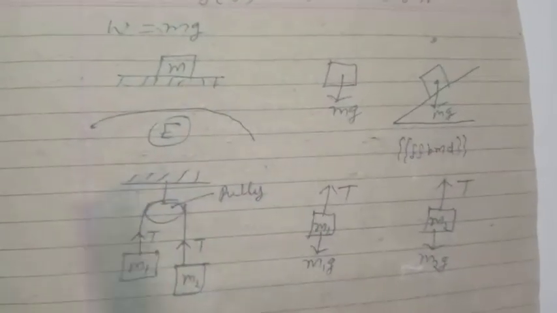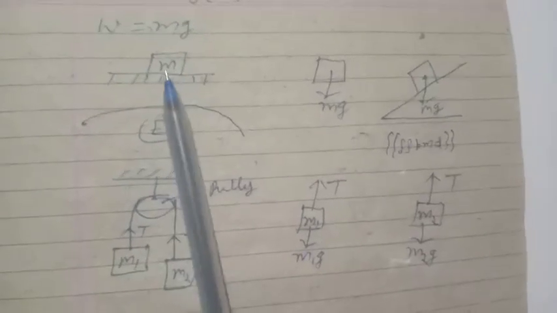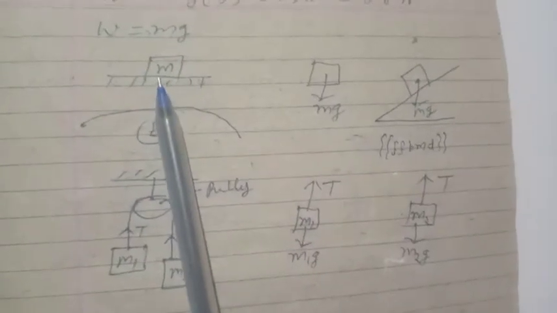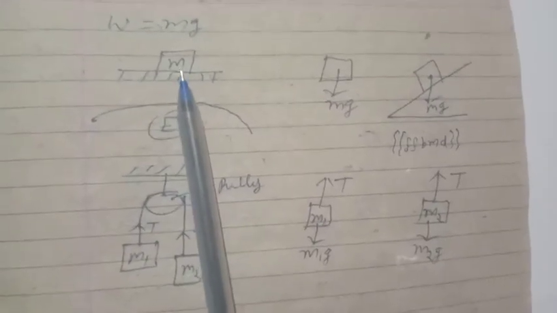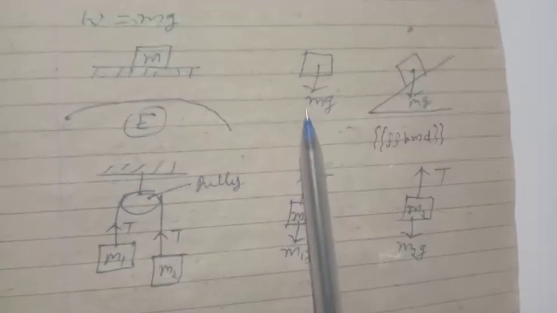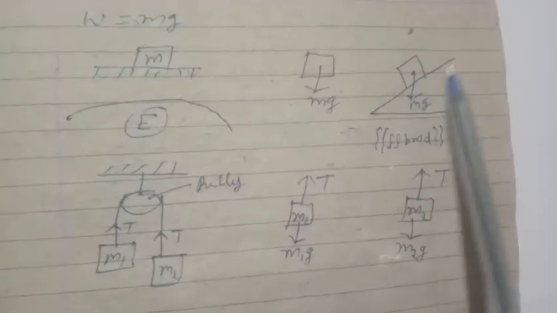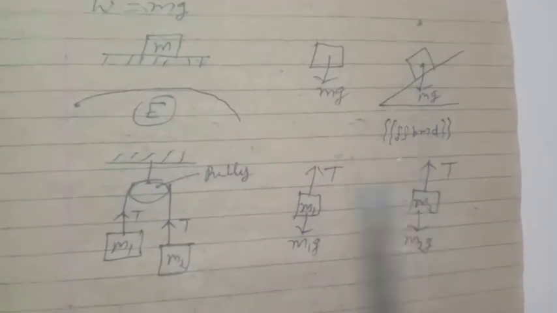Here different situations are shown. For example, if a body is placed on a table, then a vertically downward force is acting on this body, that is weight, and it is given by mg. Similarly, on an inclined plane, mg is vertically downward.